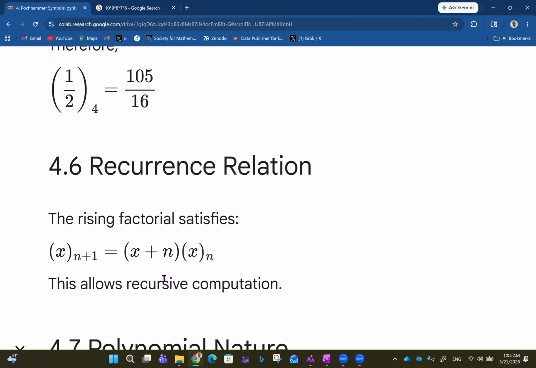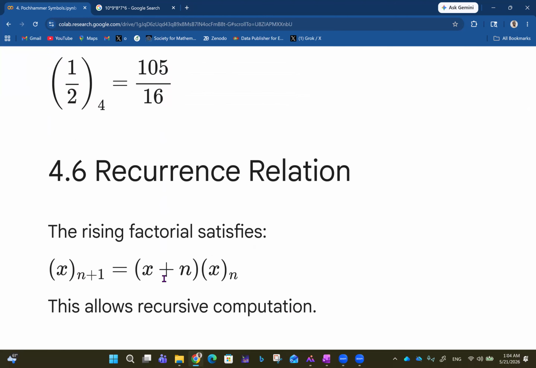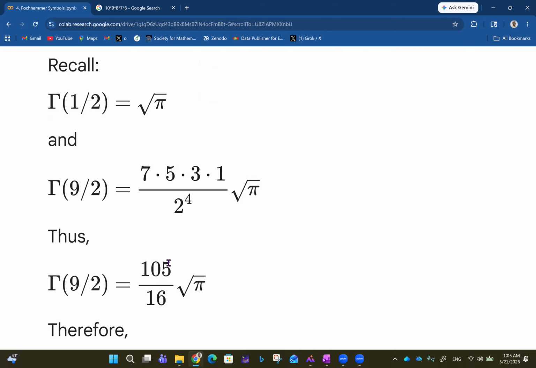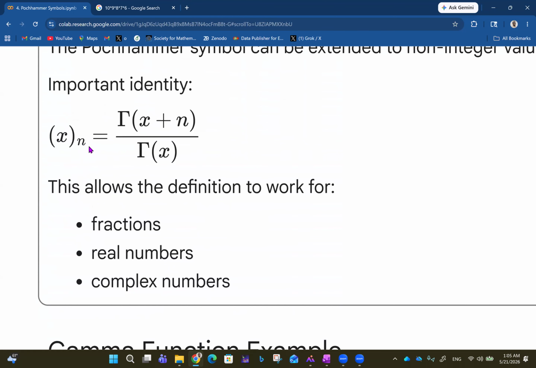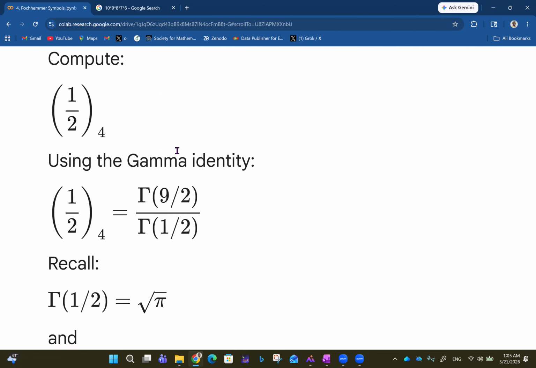Okay, then we have the recurrence relation. So the rising factorial satisfies that x sub n plus 1 is the same thing as x plus n into x sub n, like that. Because, of course, from what we've done here, it's just a matter of x sub n plus 1. This will just be gamma of x plus n plus 1 all over gamma x.